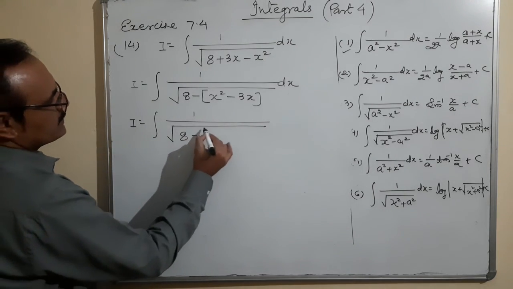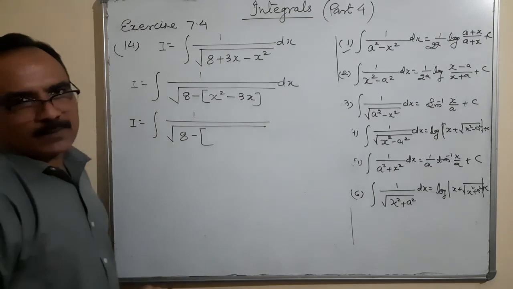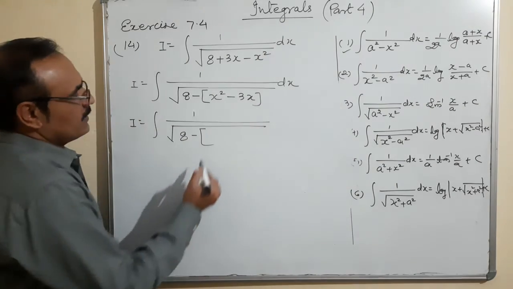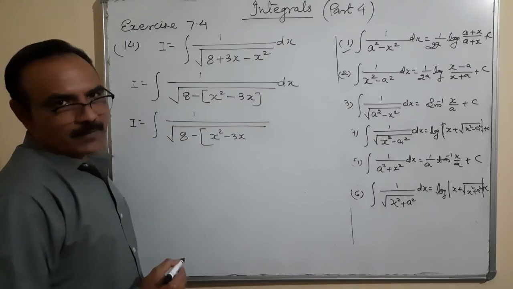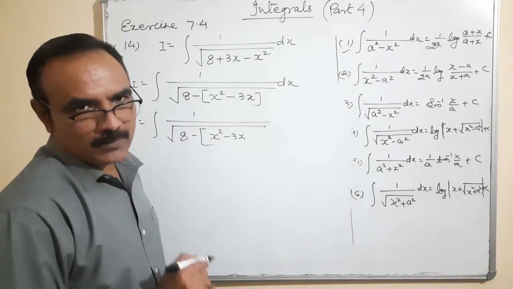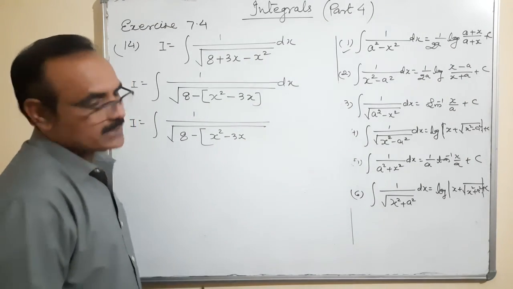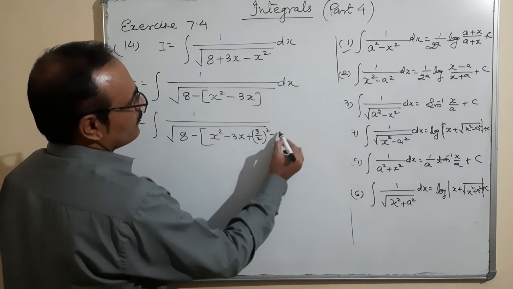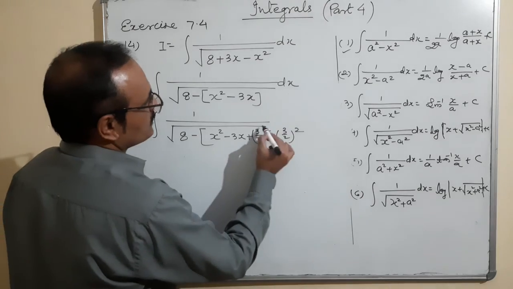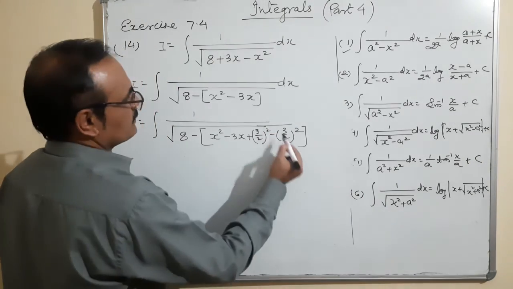8 minus, in this bracket, we are completing the square of this term, x square minus 3x. Whatever the coefficient of x, that is 3, divided by 2, 3 upon 2. Its whole square will be added and the same will be subtracted. So plus 3 upon 2 whole square minus 3 upon 2 whole square inside this bracket.